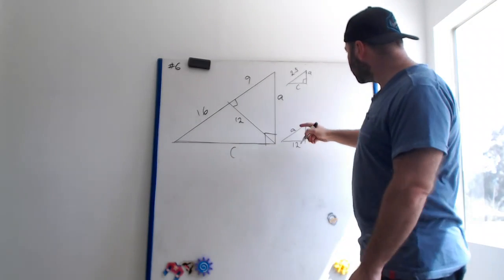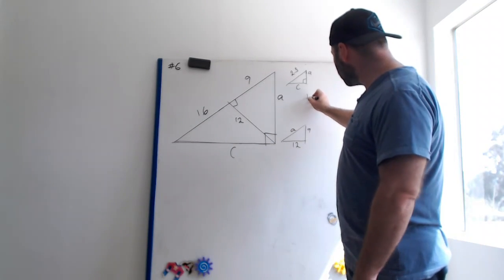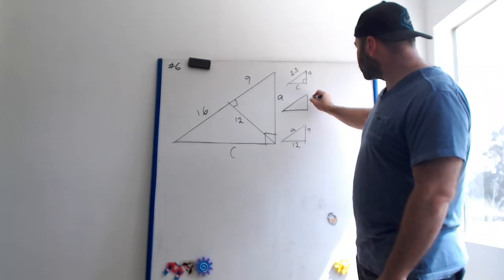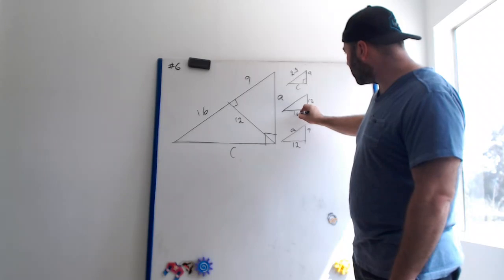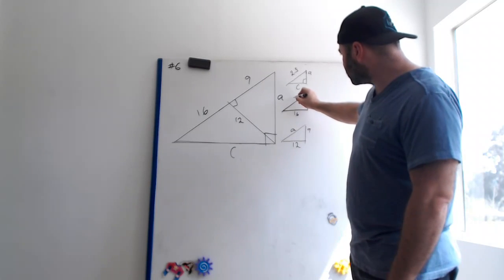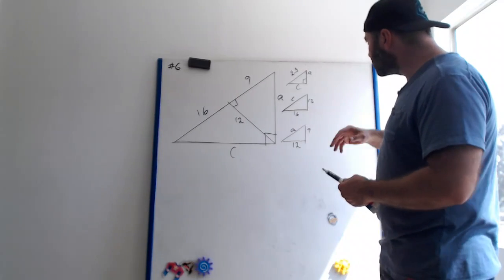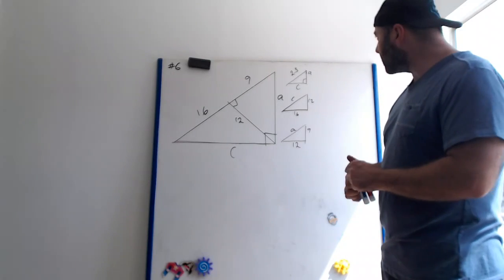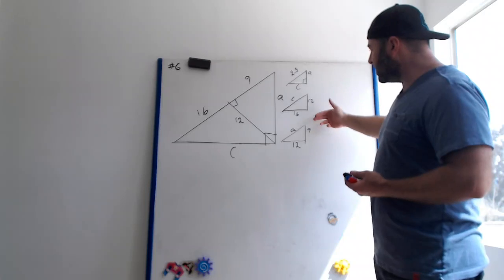Here is my middle triangle. We end up with 12 is the short side, 16 is the long leg, and C is the hypotenuse. So now that you have 3 different triangles drawn, you're looking to see which ones match up.